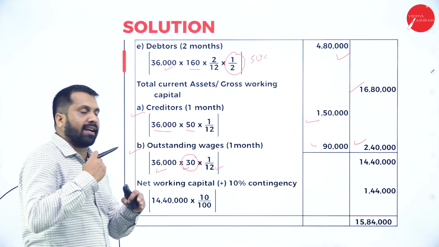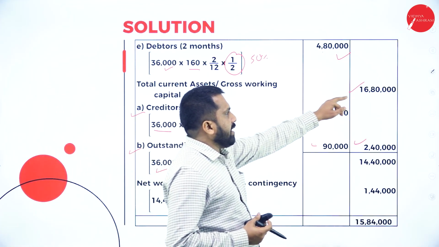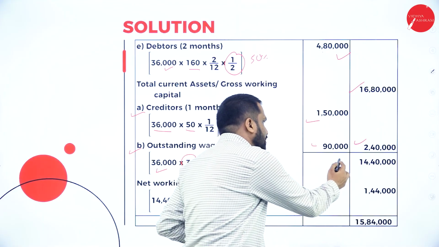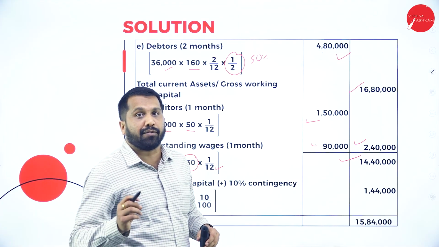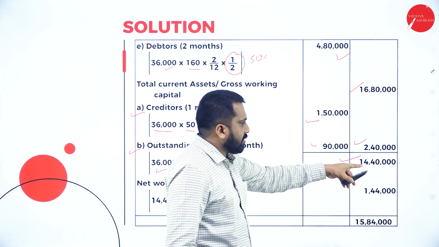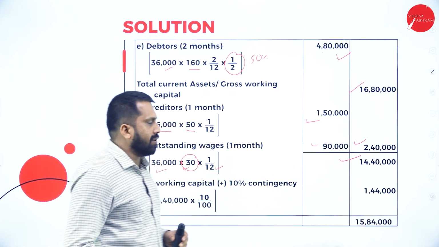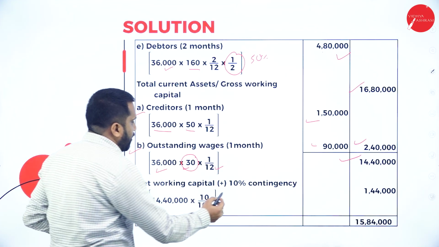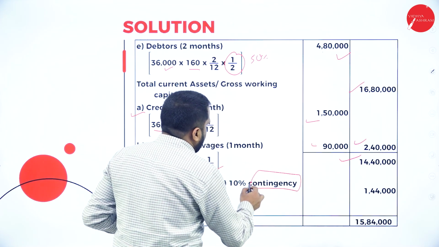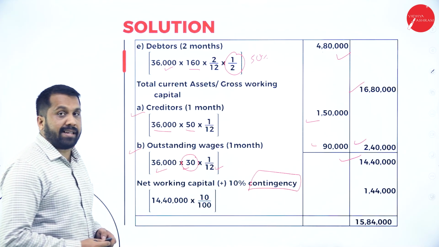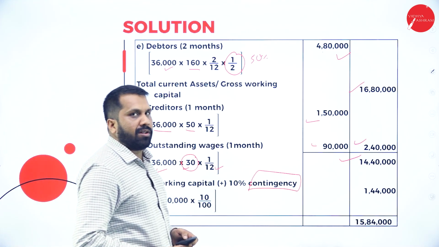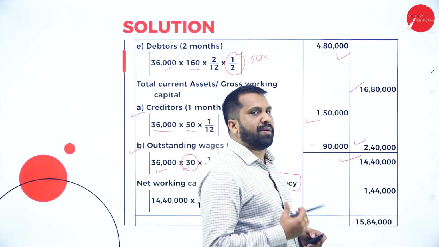Current asset minus current liability: 16,80,000 minus 2,40,000. Your answer is 14,40,000. After calculating 14,40,000, just add your contingency, that is 10% as they have given. Contingency means, always remember, emergency payment.